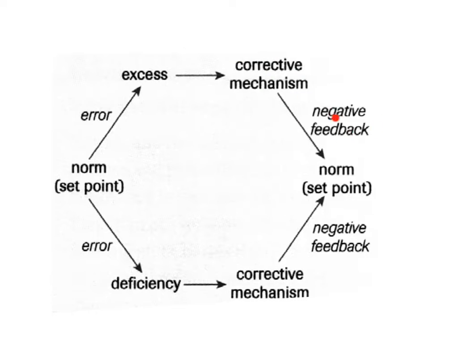So it feeds back. In other words, it tells the corrective mechanism to stop. Another one, body temperature maybe goes too low, so we will shiver, and body temperature will start to approach back to normal, and negative feedback says, right, just stop.